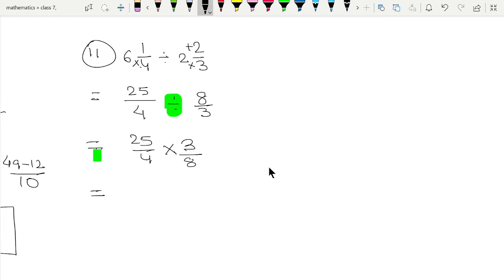So 25 threes are 75 and 8 fours are 32, and now you can write it as a mixed fraction, and this will be the answer. Clear? Yes. Very good.